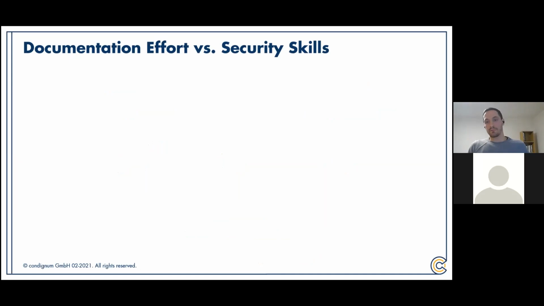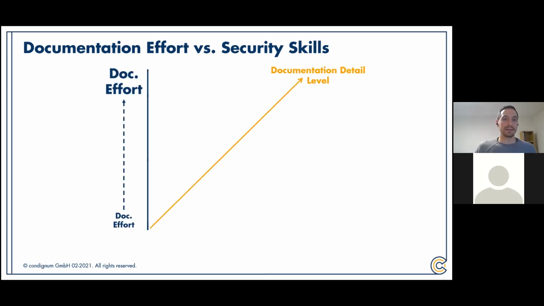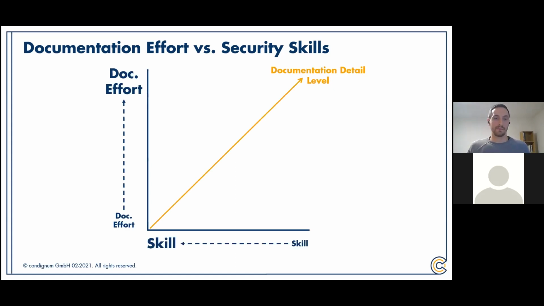And of course, we also want them to confirm that they implemented them, either for our internal project management or our internal compliance, as well as maybe for external proof. So it's really important to define the appropriate detail level for the documentation here. And this, of course, correlates directly with the documentation effort and depends again on the skill level.